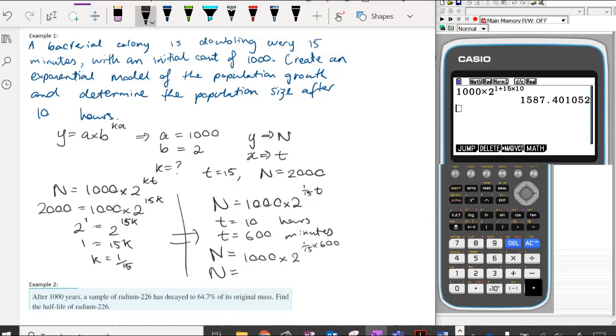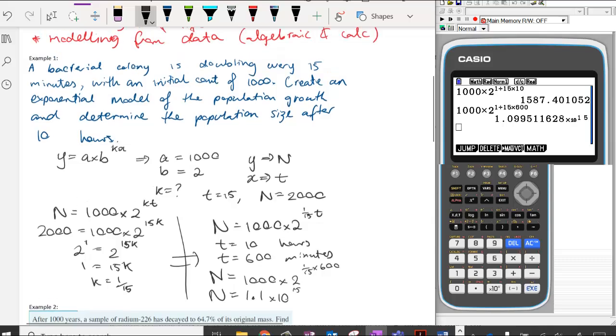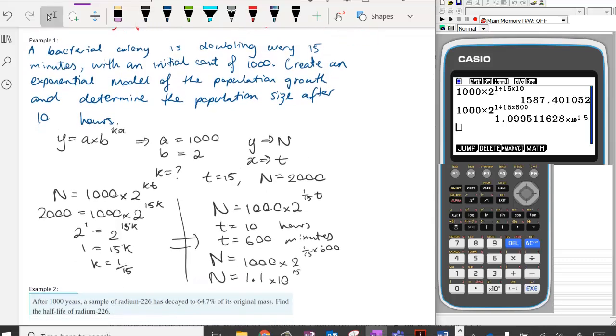So if we type this into our calculator, 1,000 multiplied by 2 to the power of 1 over 15, and then multiplied by 600, we get 1.1 times 10 to the power of 15, which is quite a large number in that bacterial colony after 10 hours. Okay, so hopefully that makes sense.